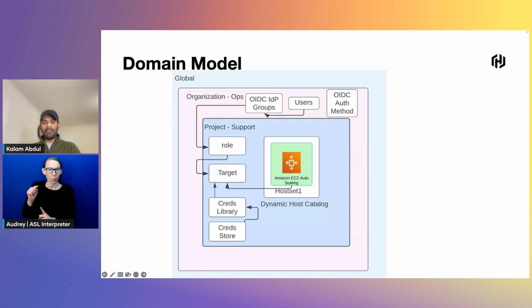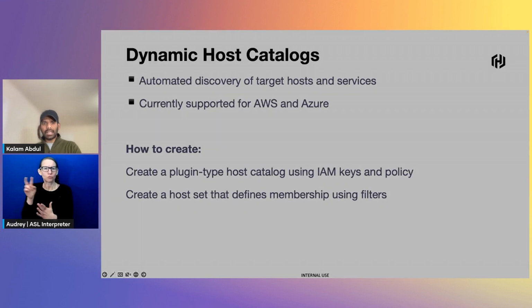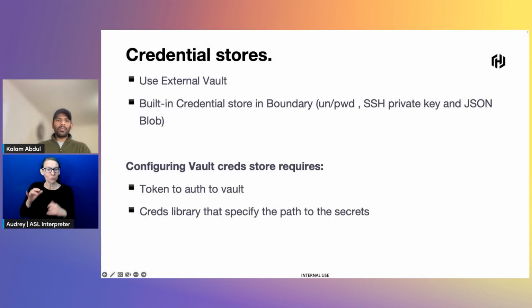So once you have all of that, the next step is creating the credentials library. Basically now you need to tell Boundary how it will connect to Vault and where to read those secrets, right? That's where the credentials library comes in. So today Boundary supports external Vault, and it also has a built-in credential store in Boundary.